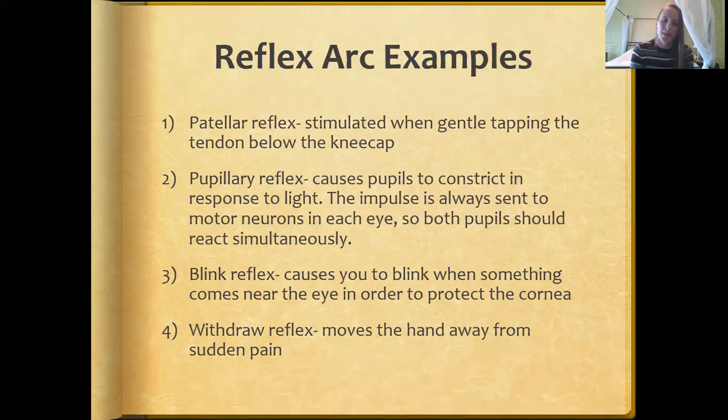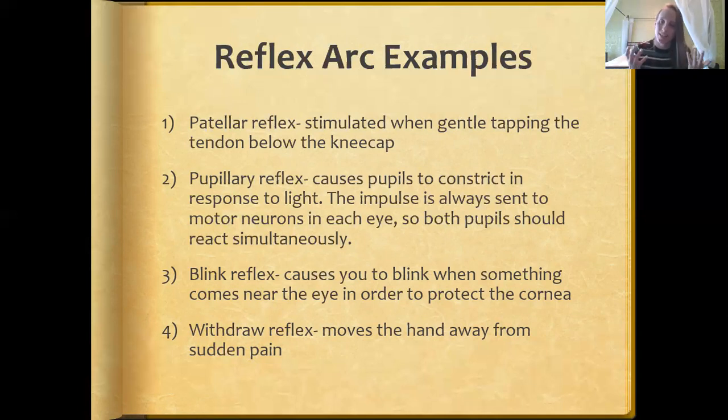The next is the pupillary reflex. This is if you shine a bright light in your eye, your pupil will constrict. That's important because if you were just to continue to shine a bright light in someone's eye with their pupil wide open, that light could damage the photoreceptors at the back of the eye and essentially blind the person.